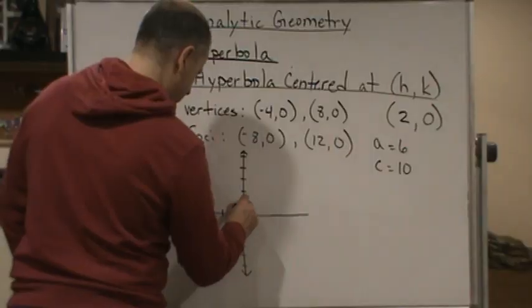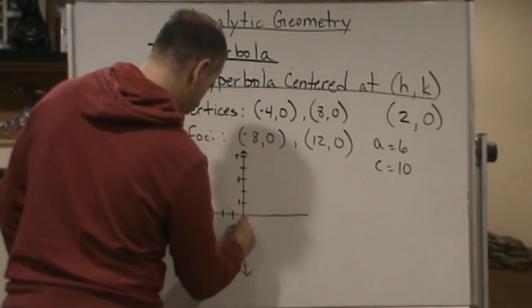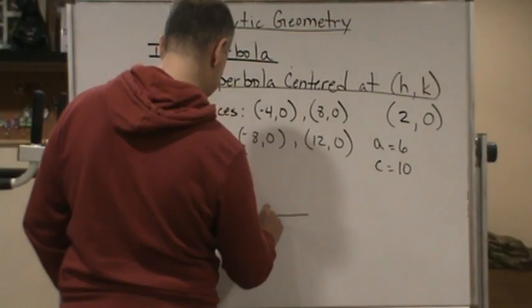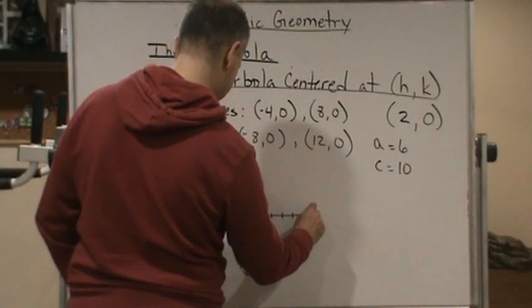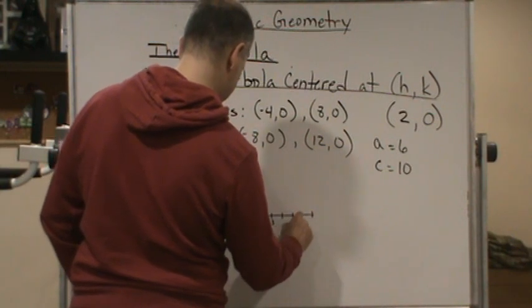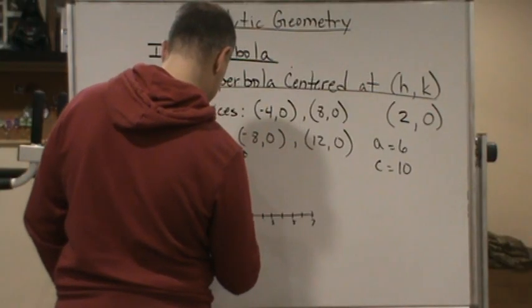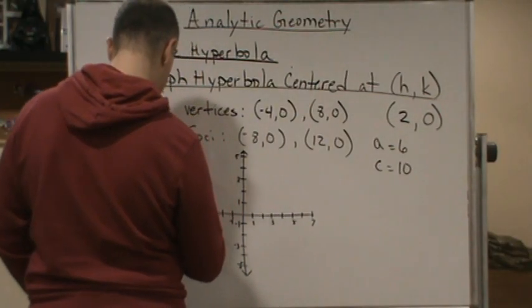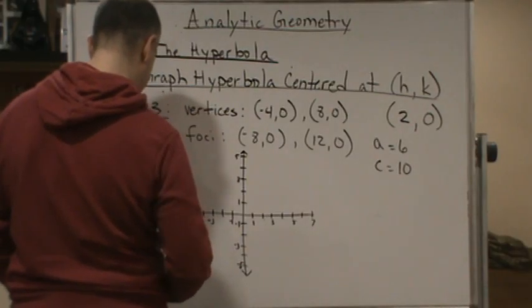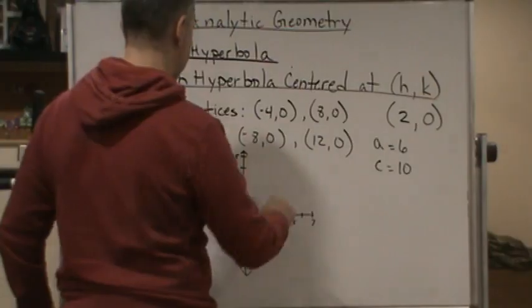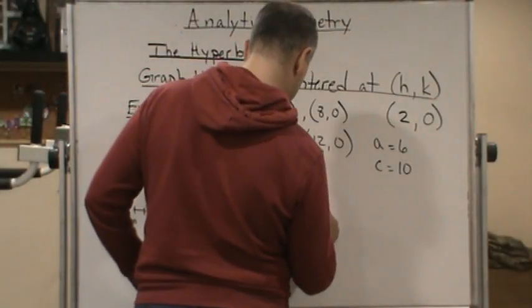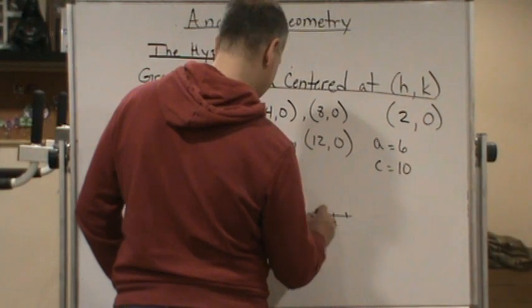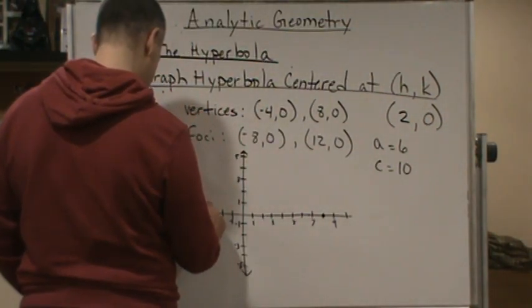All right. The vertices are going to be at -4 and 8. So 8, 0, and -4, 0.